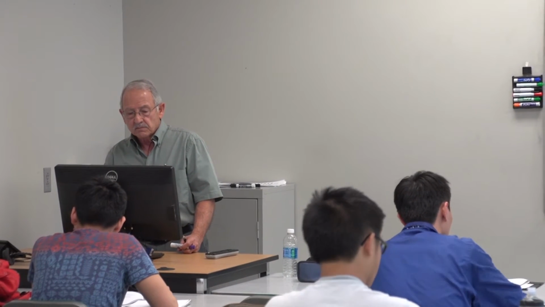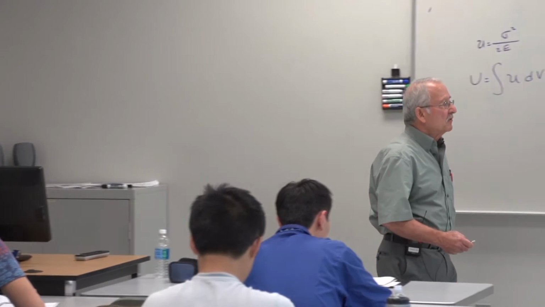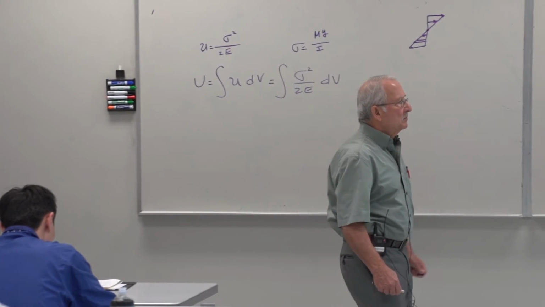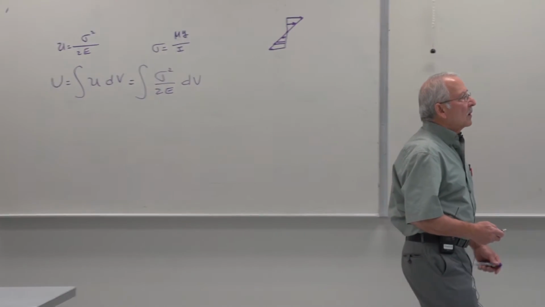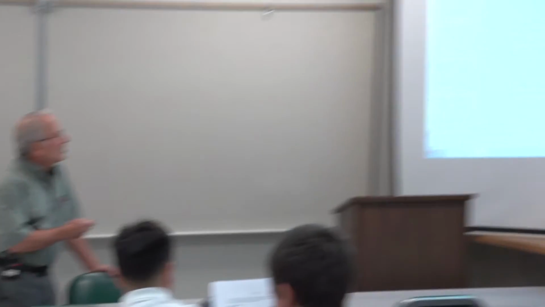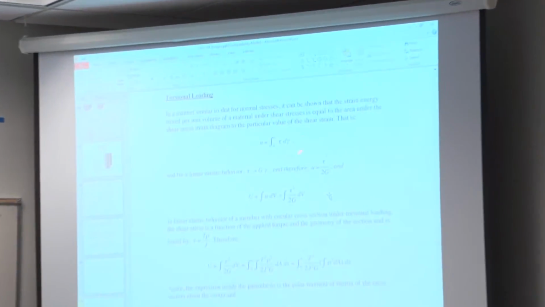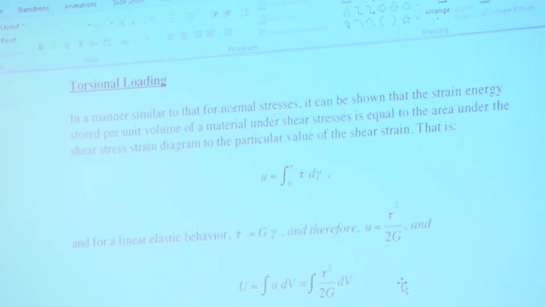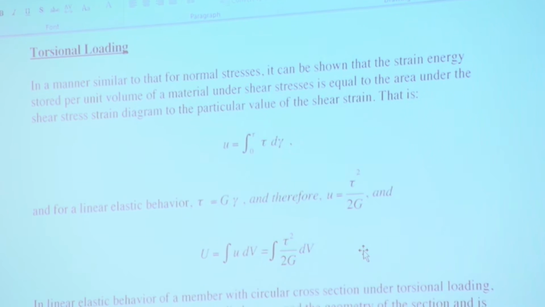Torsional loading. If we follow the same procedure that we did for bending, for normal stresses, we find that the strain energy density is defined very similar to that in normal stresses.